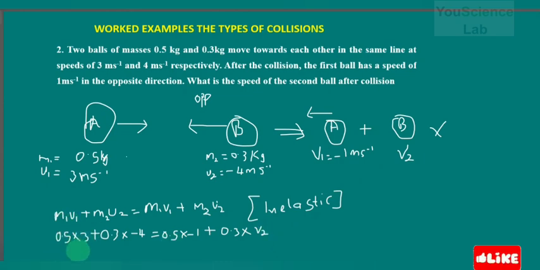0.5 times 3 is 1.5. Plus times minus is minus. 0.3 times 4 is 1.2. That's equal to 0.5 times minus 1, that's minus 0.5, plus 0.3 v2.